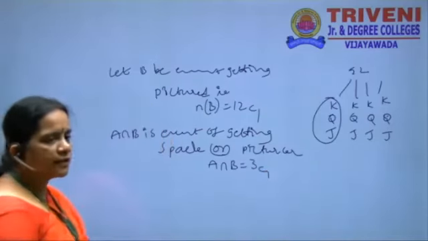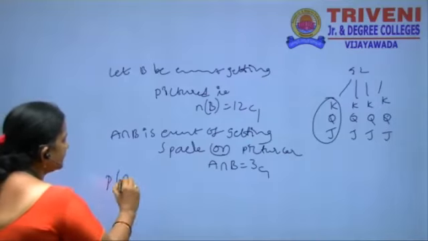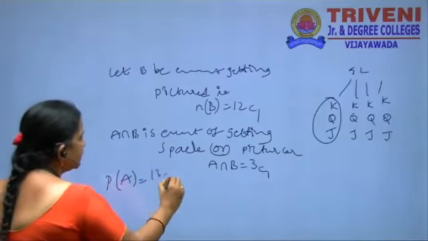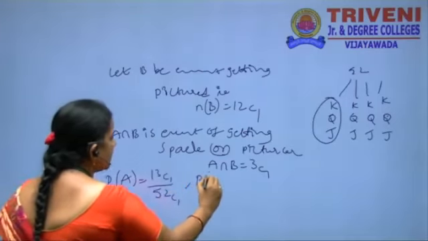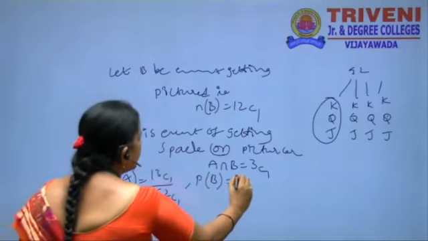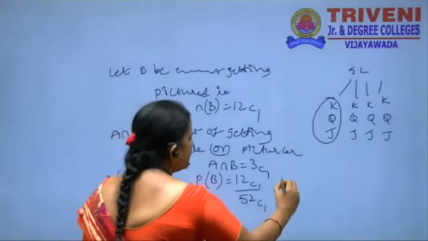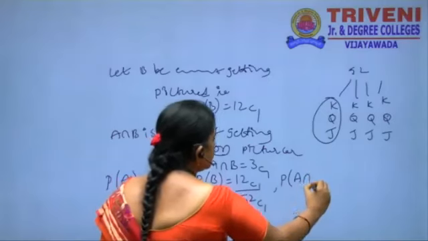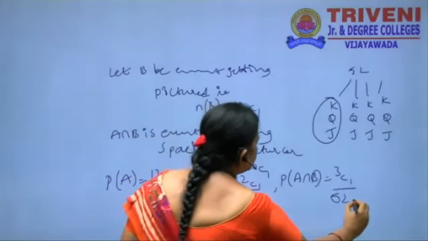Now probability of A is 13C1 by total 52C1, and P of B is equal to 12C1 by 52C1, and P of A intersection B is 3C1 by 52C1.